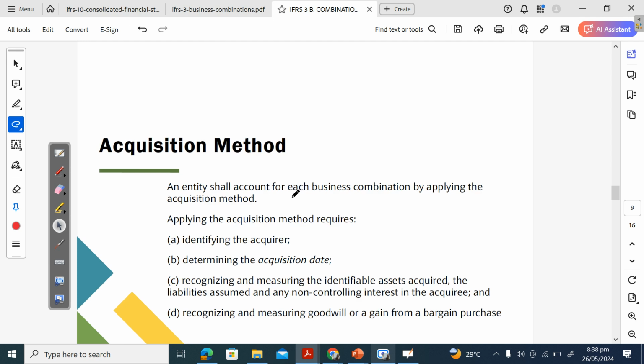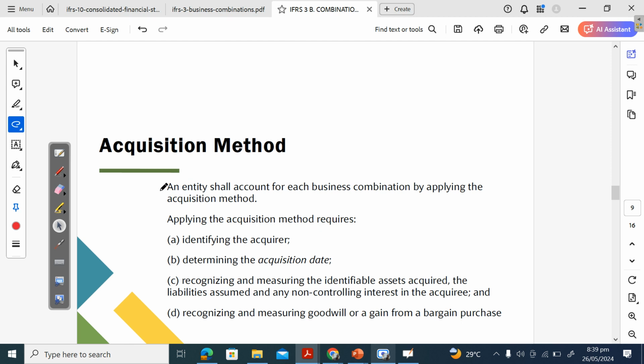Okay, now the standard says that whenever there's an acquisition and control is established, the parent has to apply the acquisition method in recognizing or treating this transaction. Okay, so what is the acquisition method about?